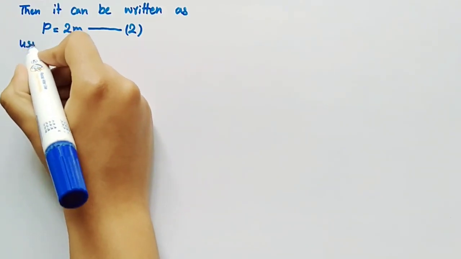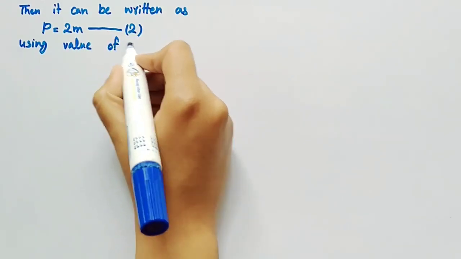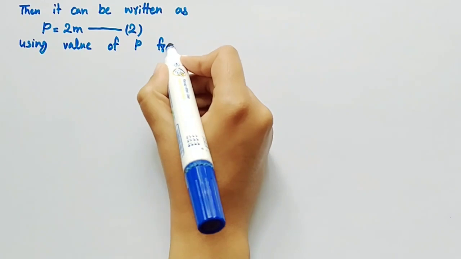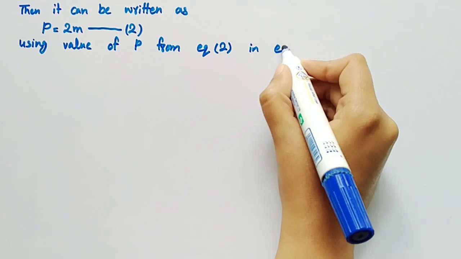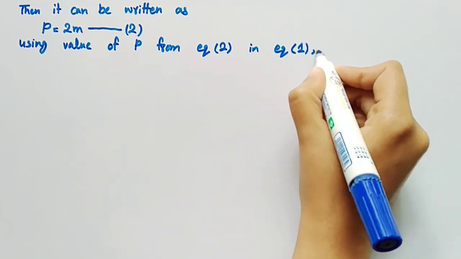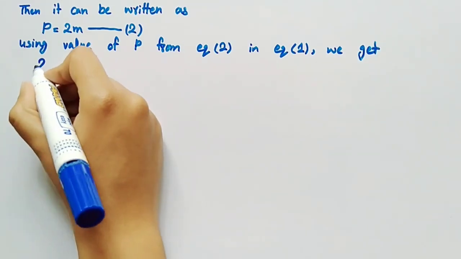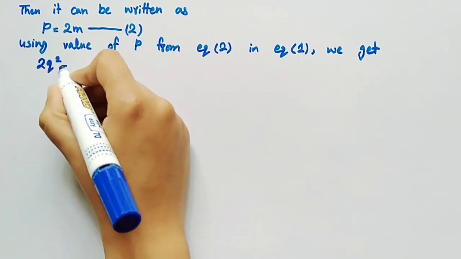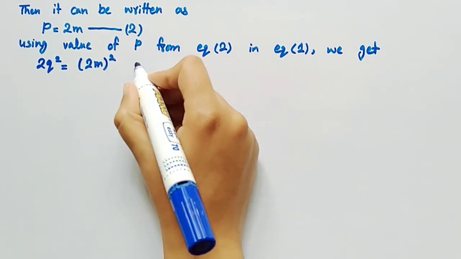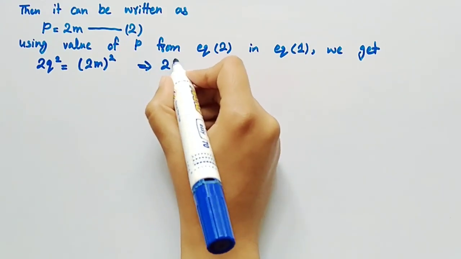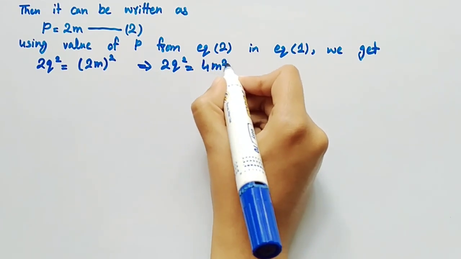Now by using the value of P from equation 2 in equation 1, we get 2q square is equal to 2m whole square, which can also be written as 2q square equal to 4m square.